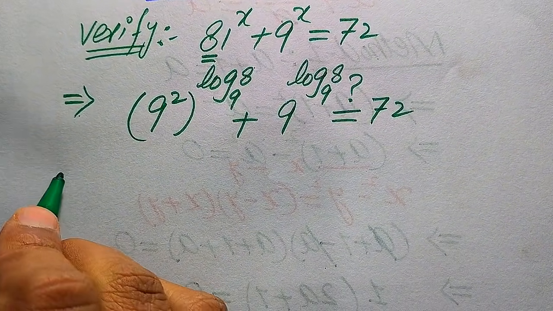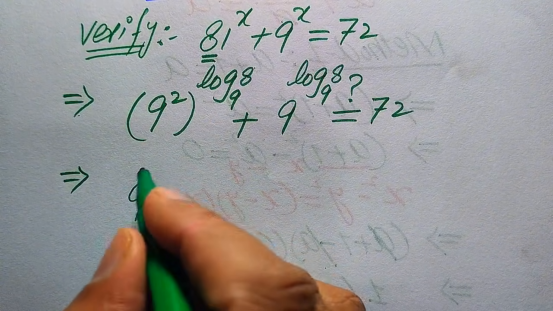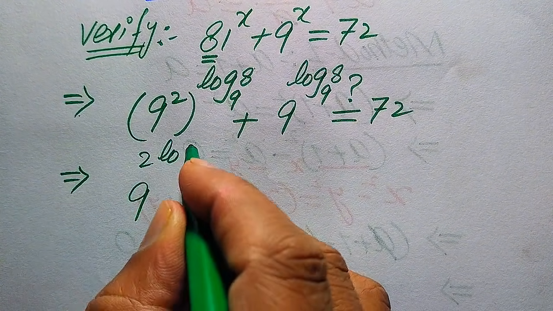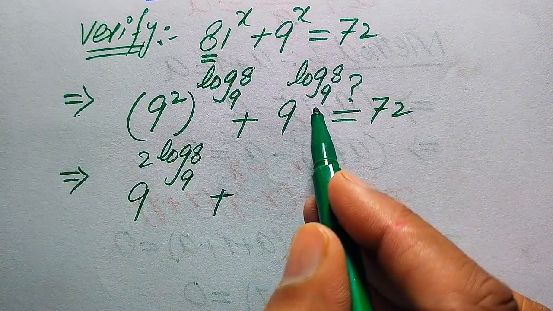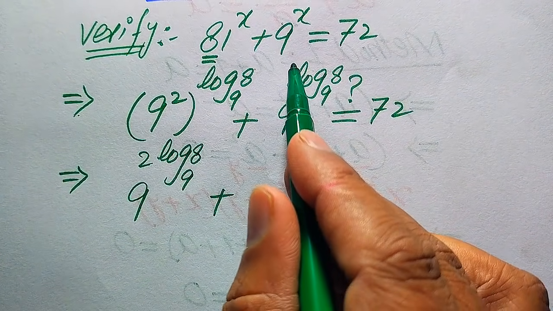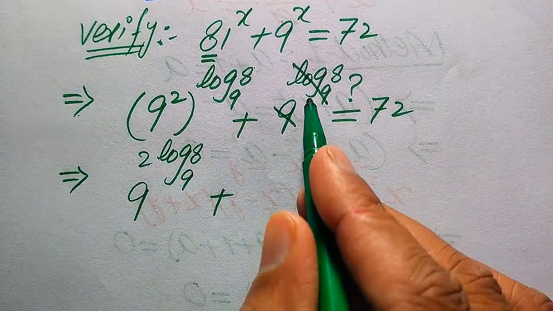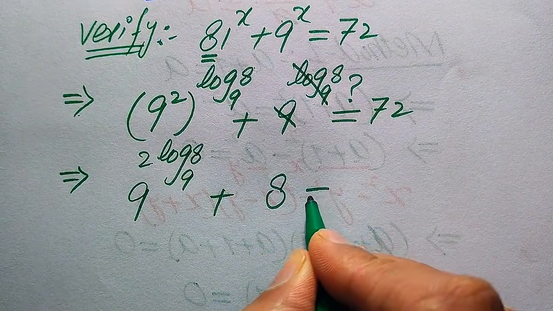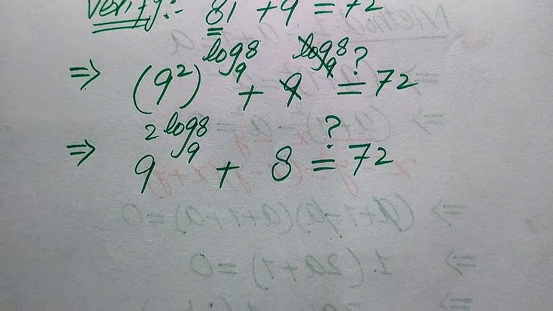So here we need a little bit more simplification, and we move this 2 to the upside, and it will be written as 9 to the power of 2 times log 8 with base 9 plus. In this case you see that this log with base 9 and this base 9 cancel out each other, and here we get only 8, is it equal to 72 or not. This is our claim.